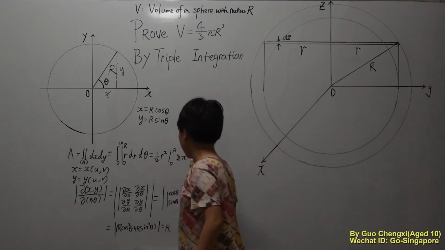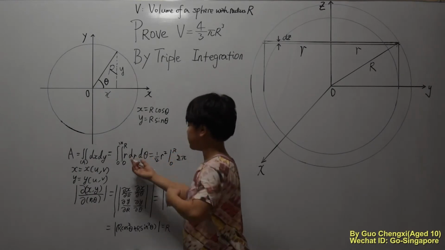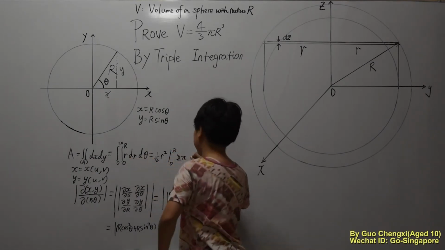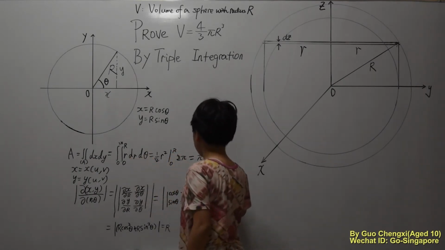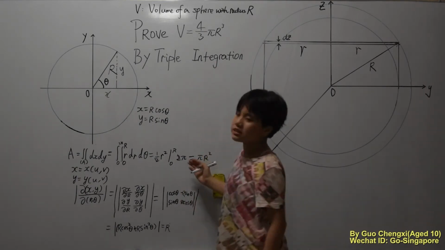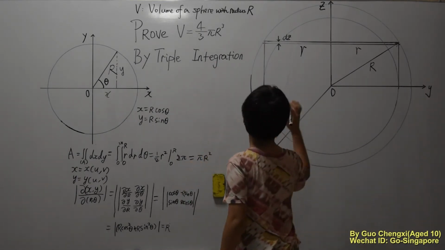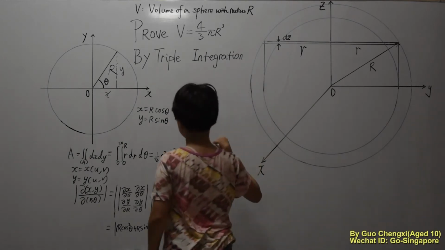Now these two can simplify already. So basically the theta, because it's nothing, you straight away can sub it in already. Then pi r squared. That's how you get it.